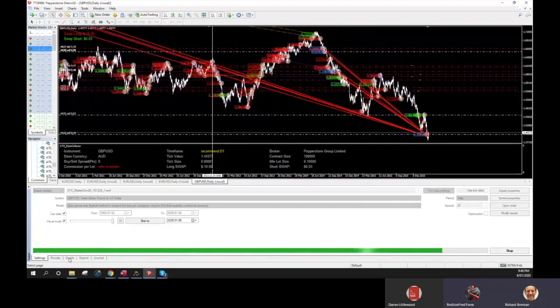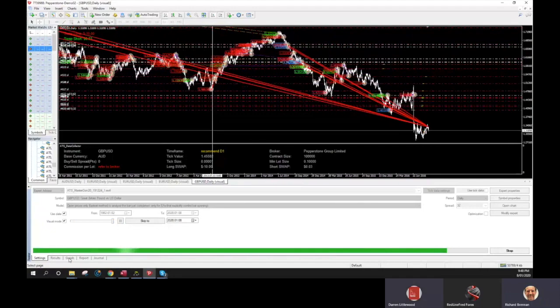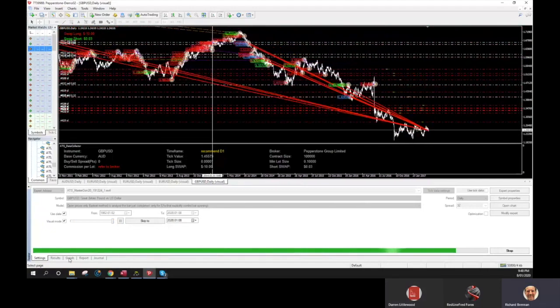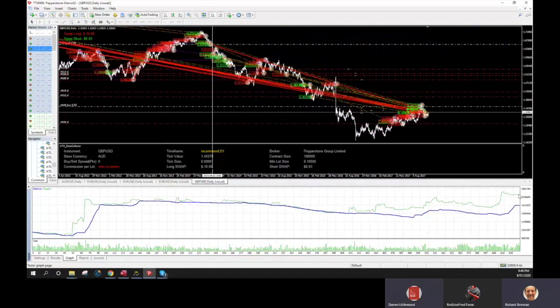Look at this magnificent short. This is now all of the trouble with Brexit. This is the Brexit blues. But look how we're cleaning up with these shorts. Look at our equity soaring. Nice.